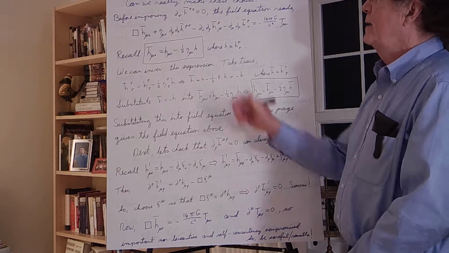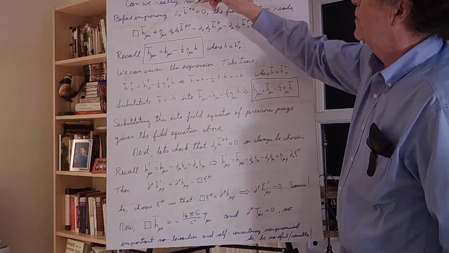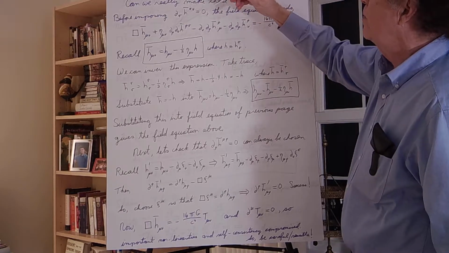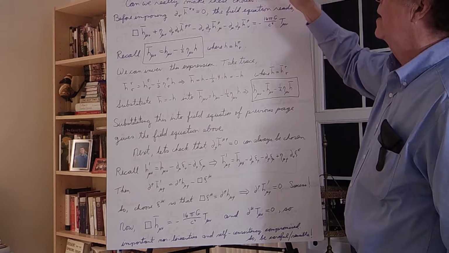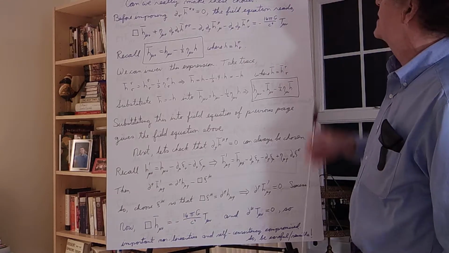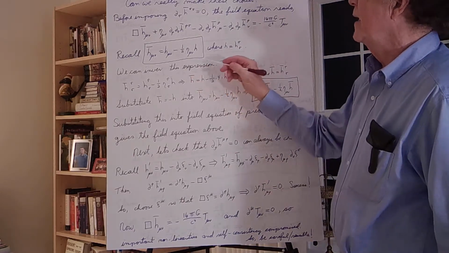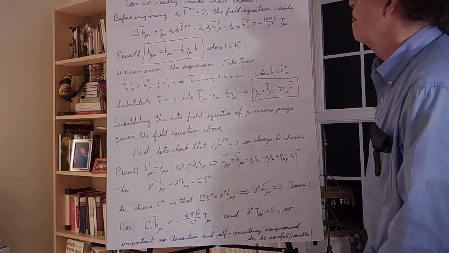Then I put it in, and I saw that the wave operator on h bar is one of the terms, and the other terms are all of the form divergence of h bar. And then on the right hand side, I have my source. And I remind you here that h bar is related to h by this definition.